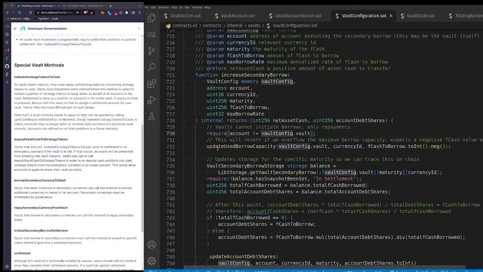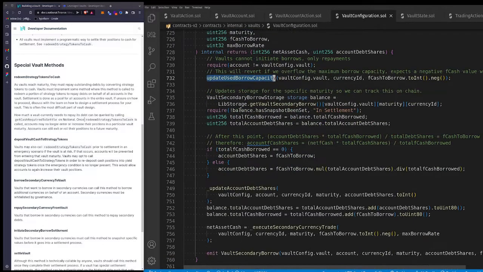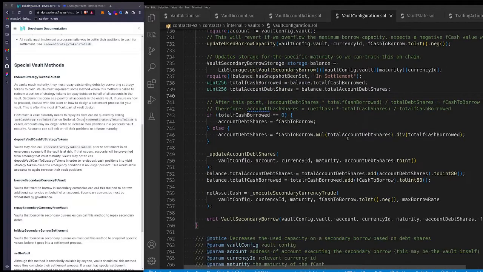Increase secondary borrow. So what we'll do here is first update the used borrow capacity and detect if we've exceeded the maximum secondary borrow capacity. And then we have a calculation which is called account debt shares and total secondary fCash borrowed.